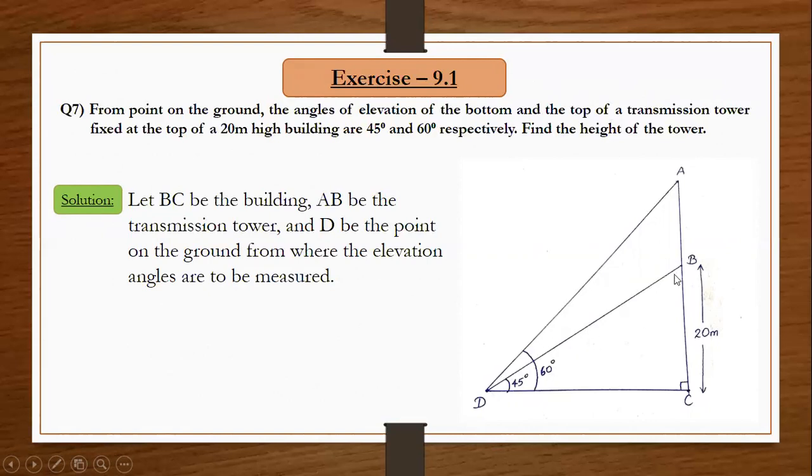When you look at the bottom, it is 45 degrees. And when we look at the top, it is 60 degrees. And it is given that it is a 20 meter high building. So BC is the building, BC is 20 meters. We have to find the height of the tower. AB we have to find.